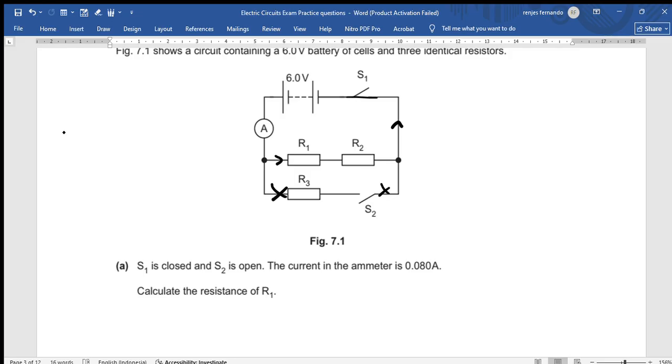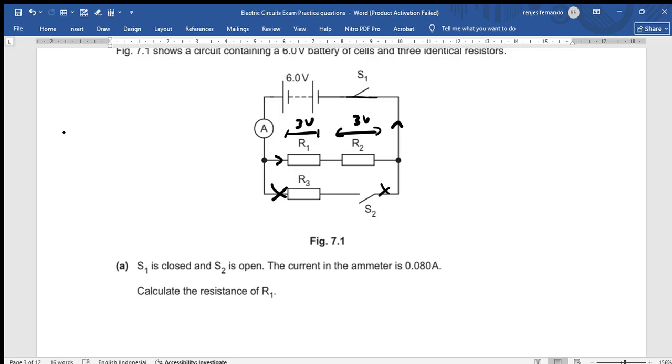So we have to find the resistance of R1. Identical, this one is 6 volt. Of course, this will be 3 volt, and this one will be 3 volt because 3 plus 3 is 6. This one is series. In series, the source voltage is the sum of the voltage across each resistor.